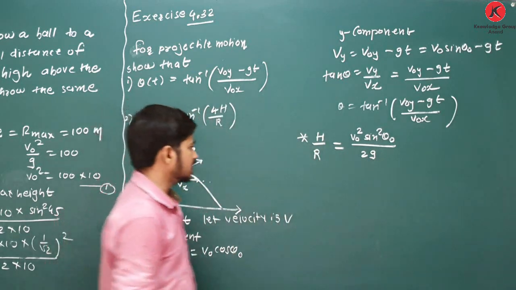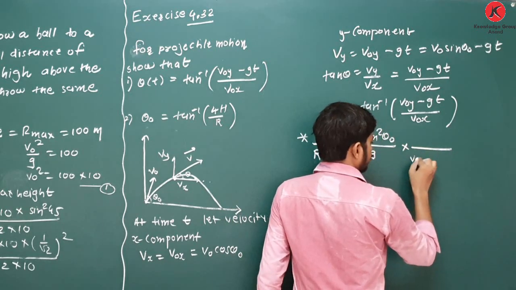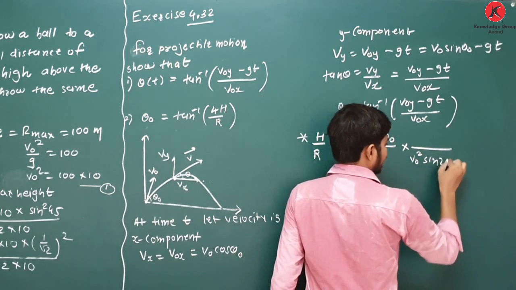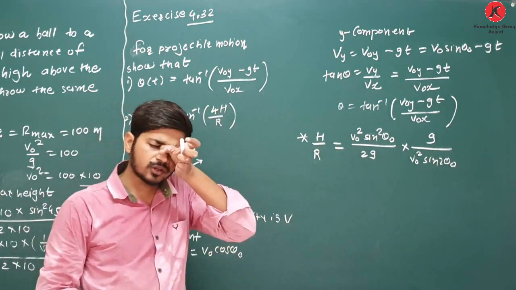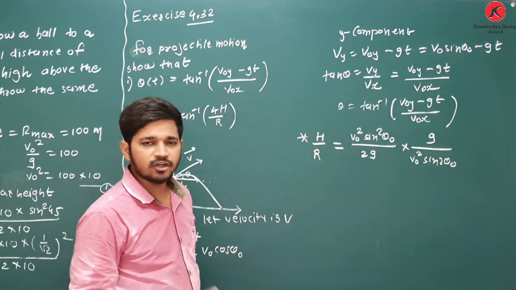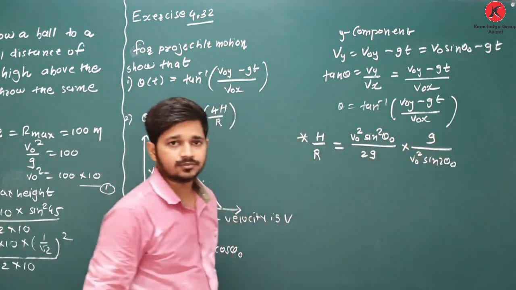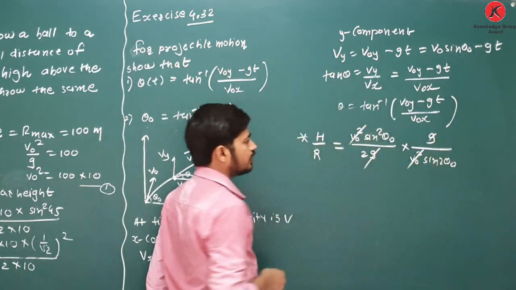What is the equation of r? It is v0 square sin 2 theta 0 upon g. As r is in the denominator, I have noted it this way. So g cancels, v0 square cancels.